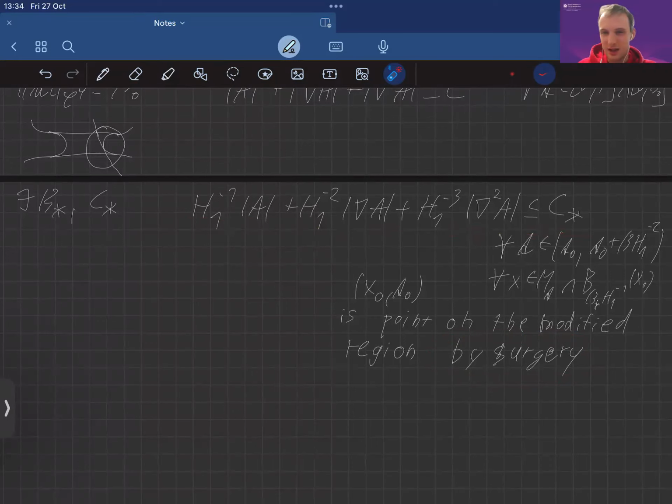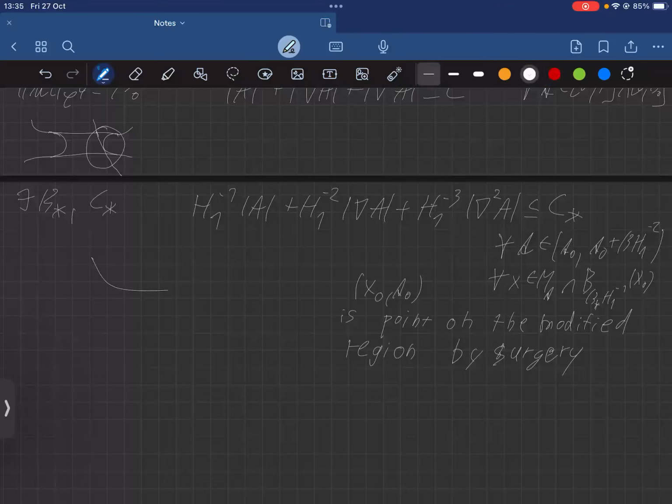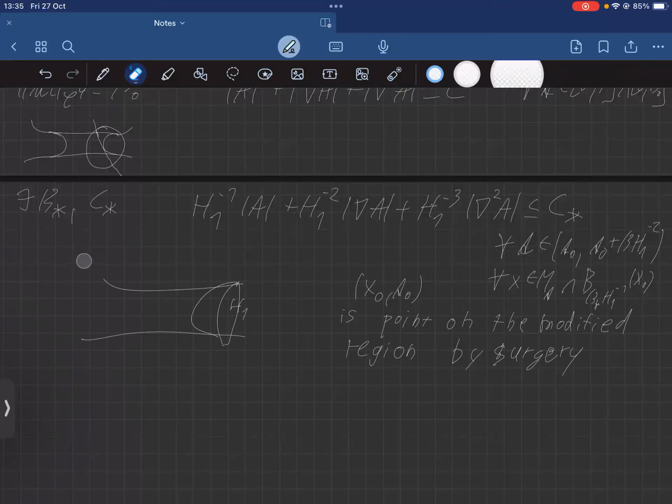Curvature at least H1? Yeah, I would say just curvature H1. I guess it can work for bigger necks as well. I was thinking of a neck that has curvature H1 in the region we are actually cutting and inserting the cap. Yeah, thanks for the question.